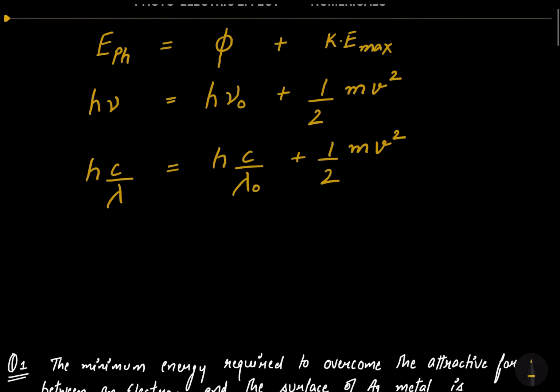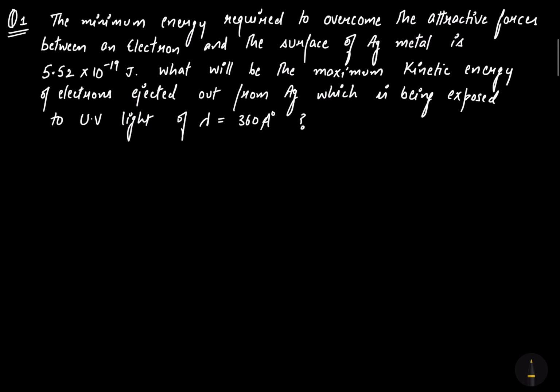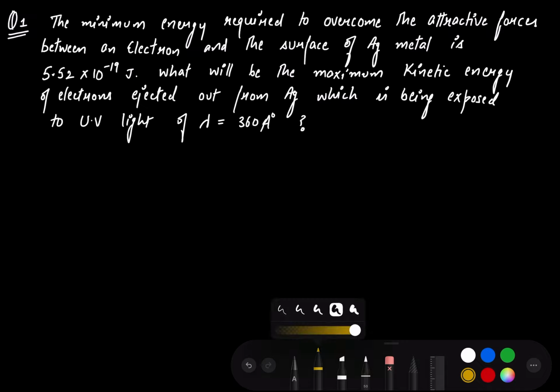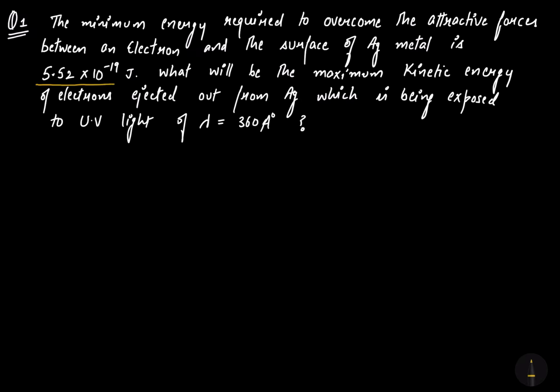So now let's come to the very first numerical. The minimum energy required to overcome the attractive force between an electron and the surface of silver metal is 5.52 into 10 to the power minus 19 joules.